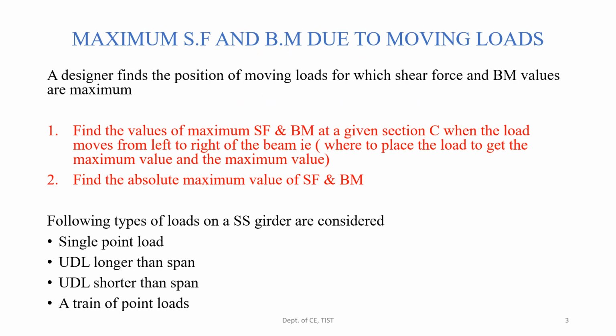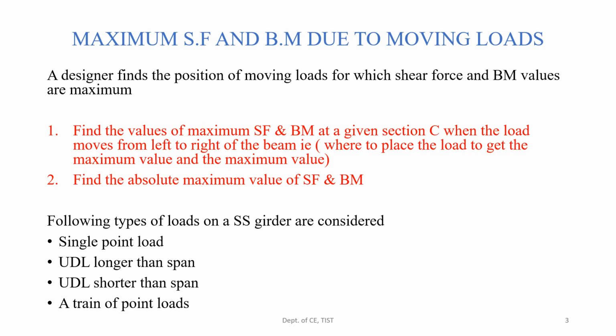Before moving on to the topic, I want to give you an introduction, which we discussed in the previous section. The lines that represent the variation of responses at a given section with motion of load are called influence lines.